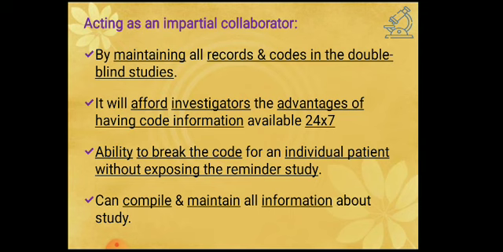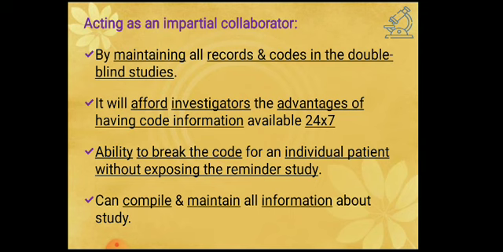And then this point, acting as impartial collaborator, that also we have covered. Impartial collaborator means the pharmacist becomes an inseparable part of the studies itself, who is fair and neutral in the studies.